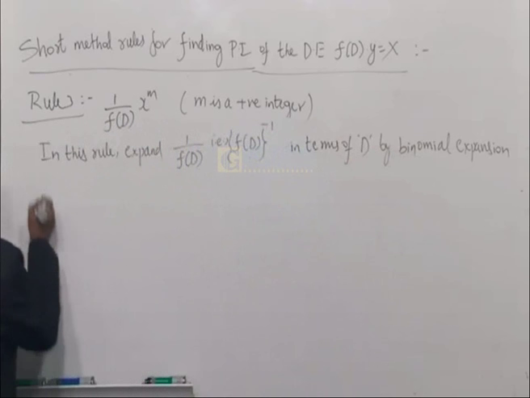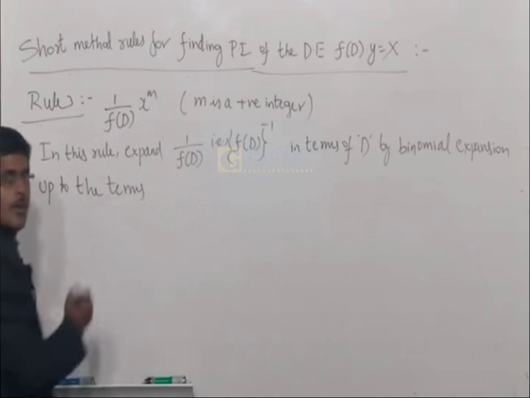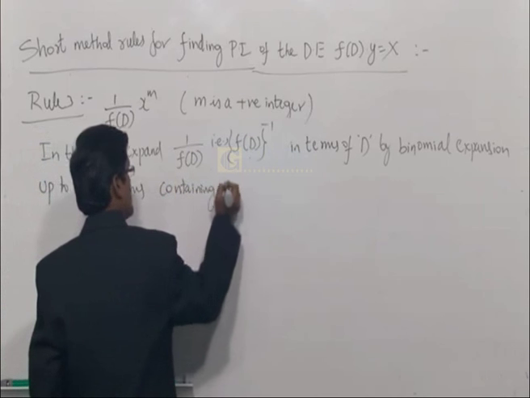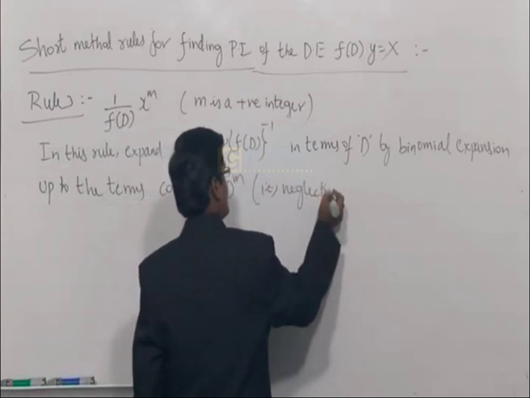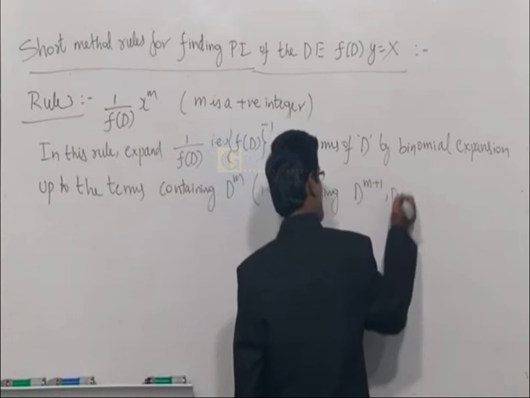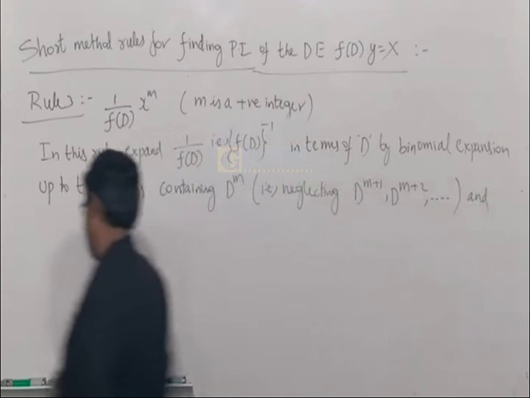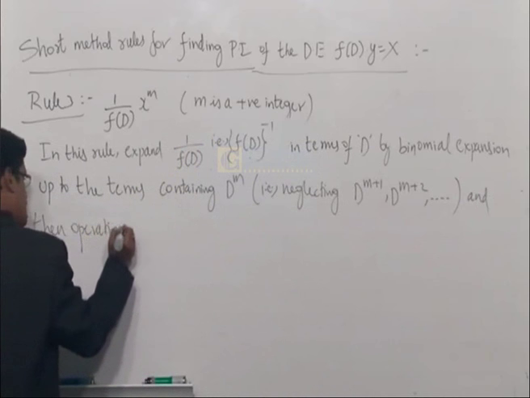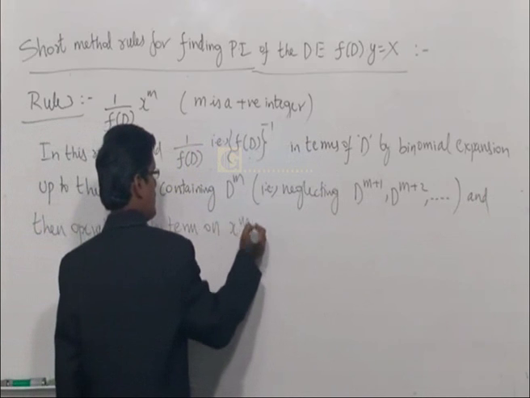Binomial expansion up to the terms containing d power m, neglecting d power m plus 1, d power m plus 2, etc., and then operating each term on x power m.